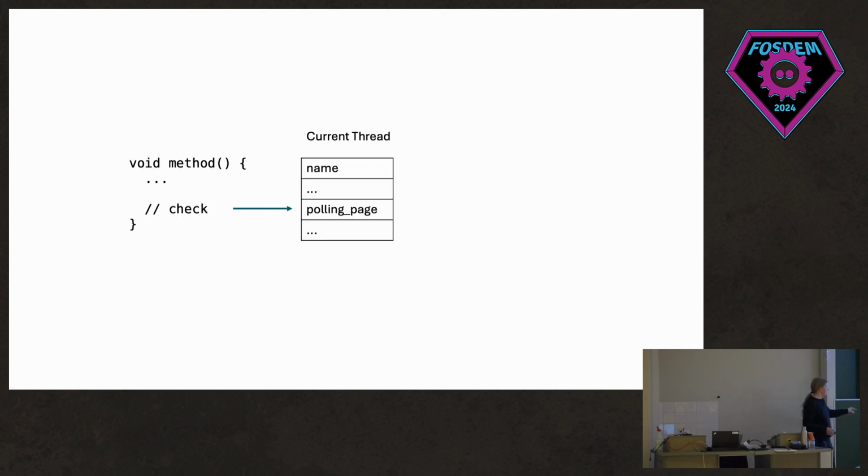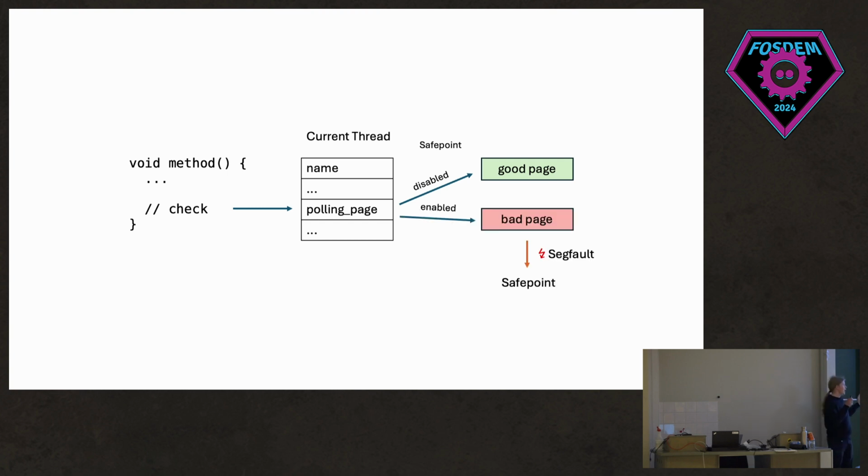So the idea is that in our method where we insert a check, we just access a so-called polling page. When we disable the safe point, when we're not polling, the fast path points to a good page.